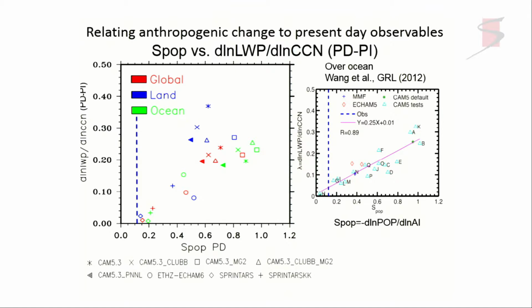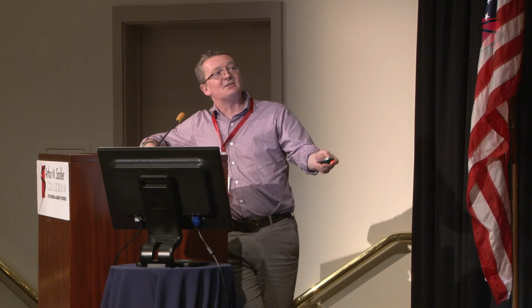Mingwei found that across a variety of different models, mainly tweaks in microphysical parameterizations of one model, you got a very good correlation between this parameter and the susceptibility of the frequency of precipitation, called probability of precipitation, to changes in AI, the aerosol index, because that's an observable in the present day.